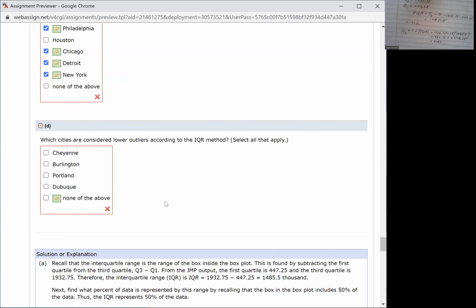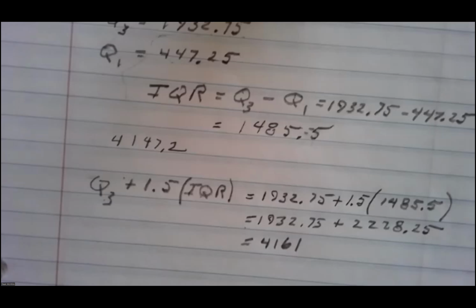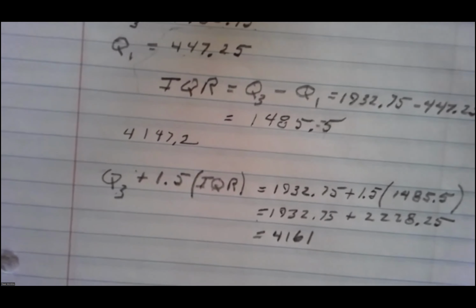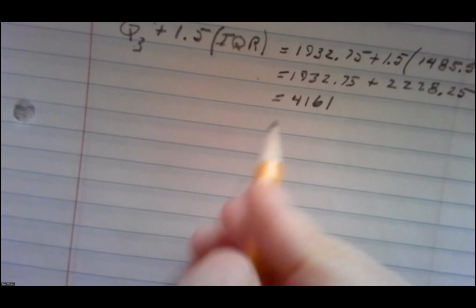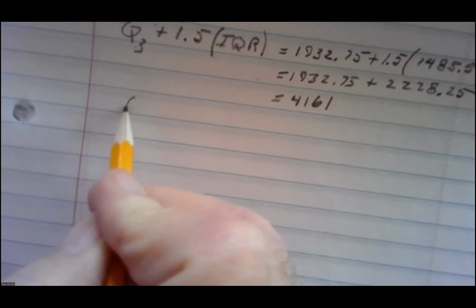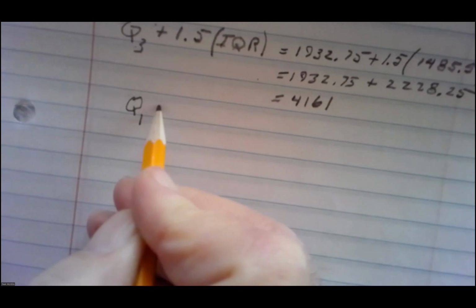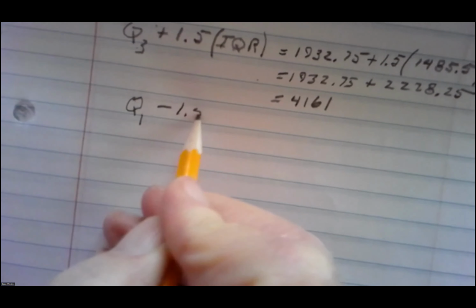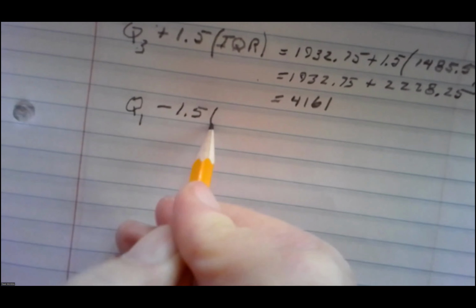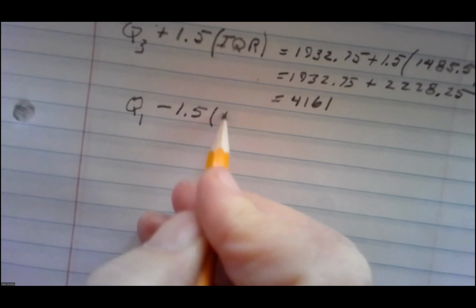Now we want to find out which ones are the lower outliers. Well, the lower outlier is on the other end of the box plot, which is Q1 minus 1.5 times IQR.